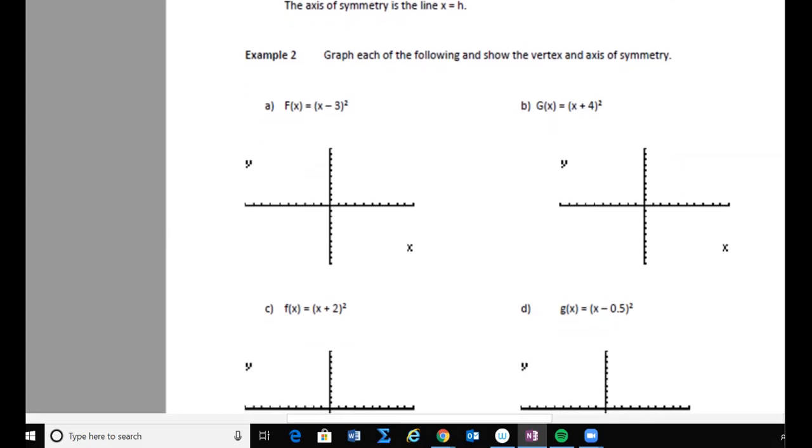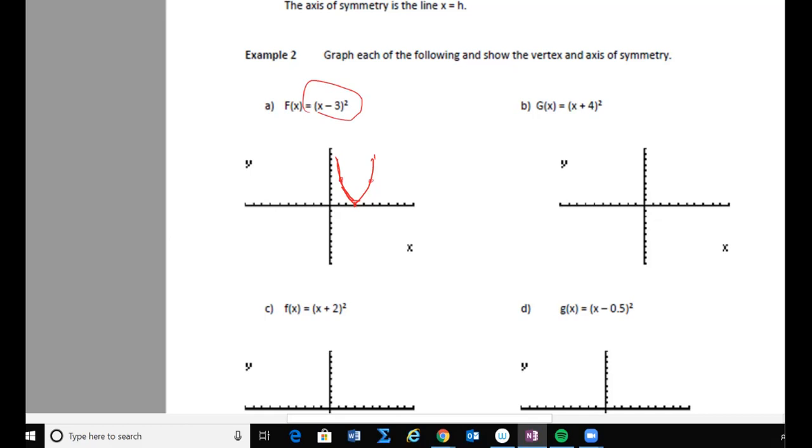The idea is to be able to graph these quickly without having to plot a whole mess of points. So this one here will be a squaring function, but with its vertex at 3. Over here at 3, you will see that curve like that. We can always put in a few more points if we need to, but overall, I just want you to be able to recognize the shape of the graph and the basic structure.